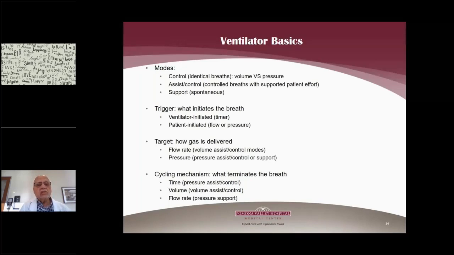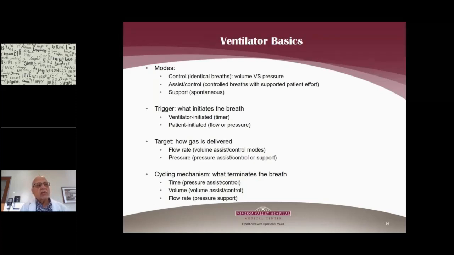There are usually two ways in which we deliver gas, by volume and by pressure. And the patient triggers the ventilator. The trigger may be through flow, which is being delivered by the ventilator and the patient triggers it, or by pressure, where the patient uses negative pressure to start.